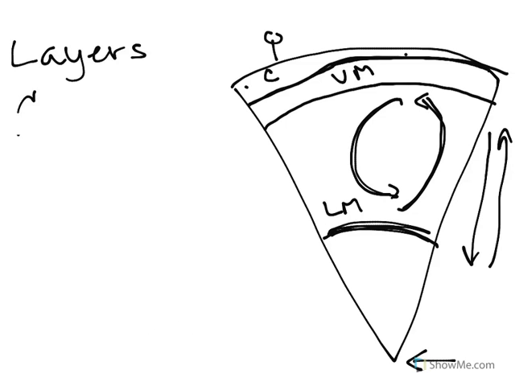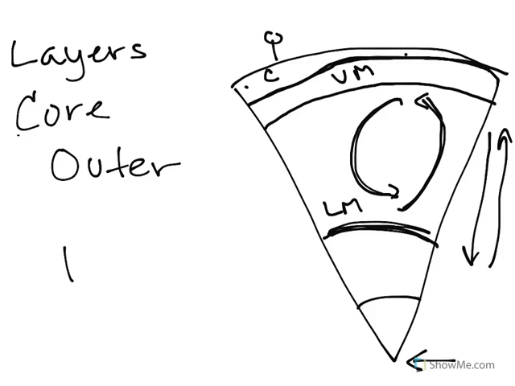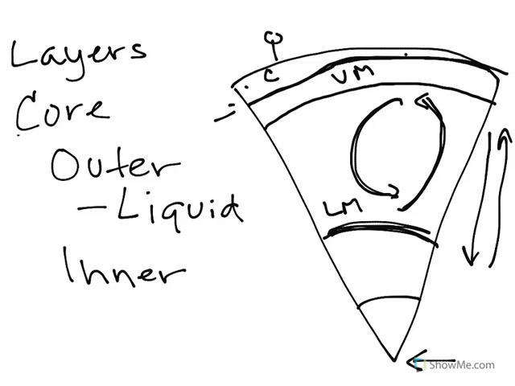Now let's talk about our core. Our core also has 2 layers. We have the outer layer and we have the inner. The outer core is going to be pure liquid. And again, we know this by looking at seismic studies. I failed to mention that a few minutes ago, but remember we defined the MOHO boundary by our velocity change.